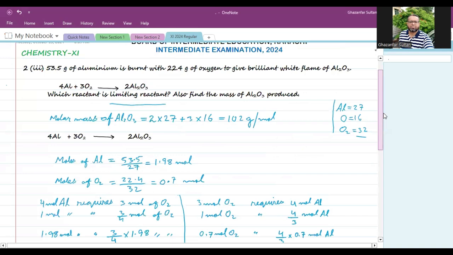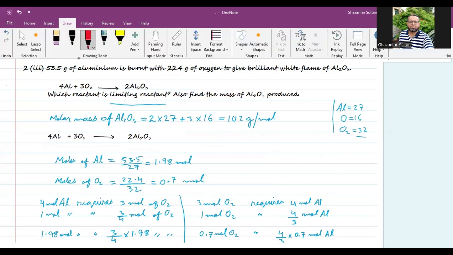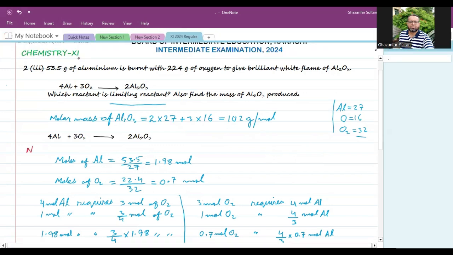Now see what were the steps in this numerical. First of all, we have calculated number of moles of given reactants.